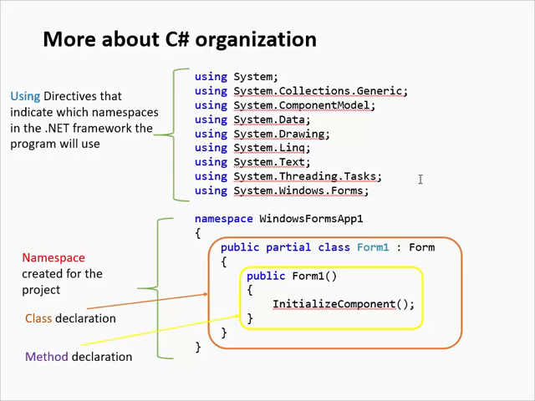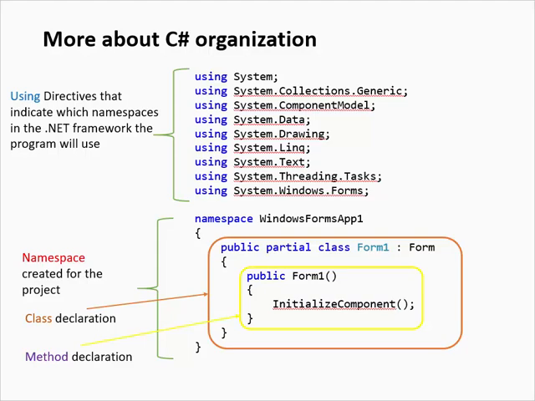These are already created and you can just use them and rename them. The fact that they are already created is called the .NET framework. You're working within this framework, so you can use all of these objects that are already created for you. When you put using directives at the top of your code, it says which of these chunks of code your program can have access to and use.